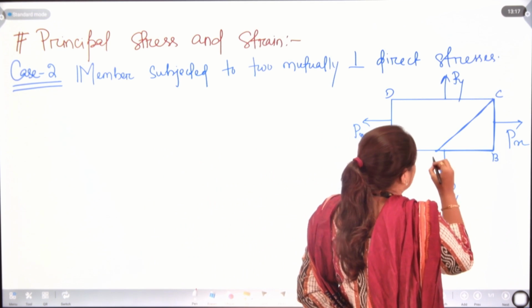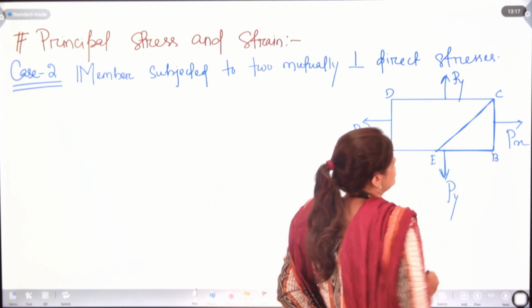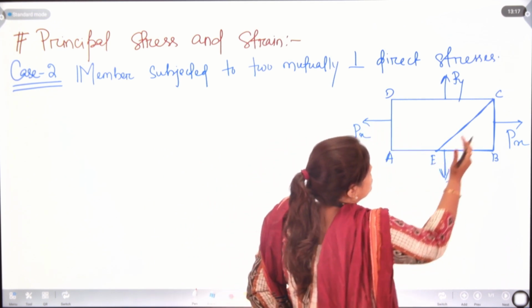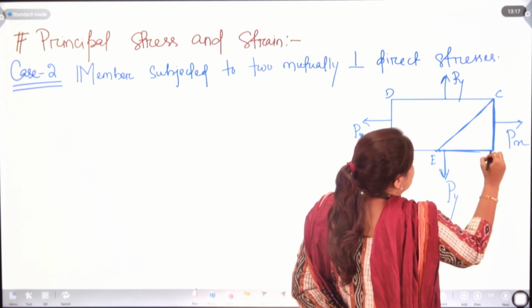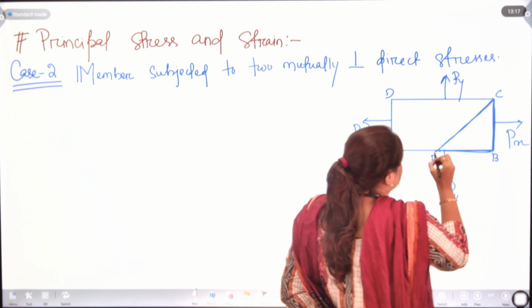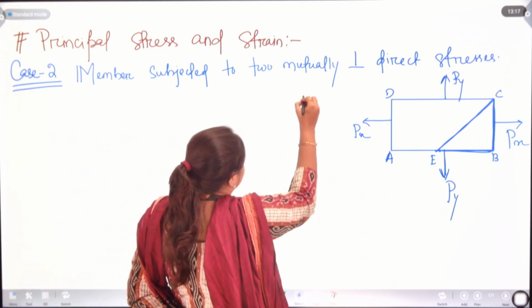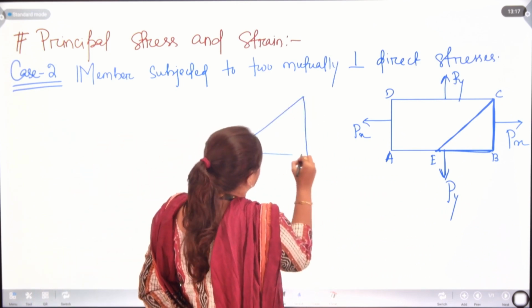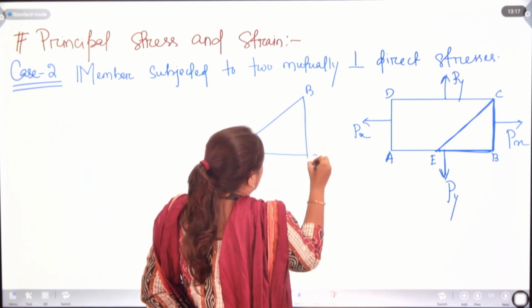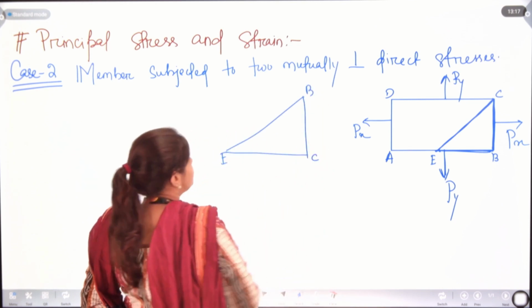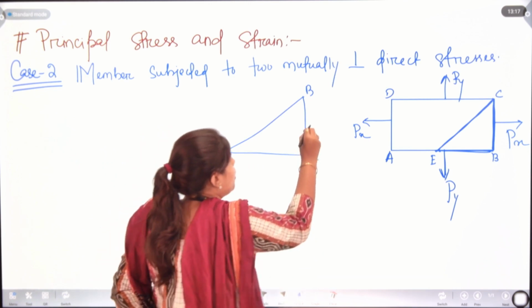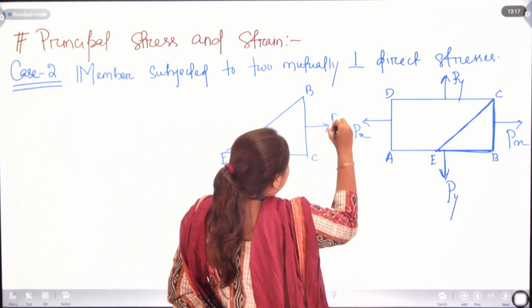We can also name it E. If we just separate this B, C, E, we will have our BCE plane.